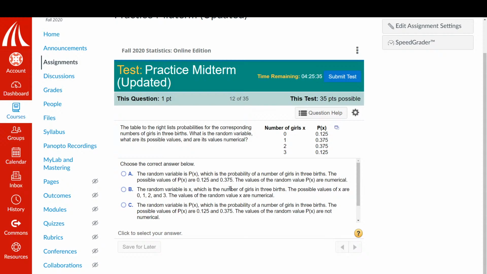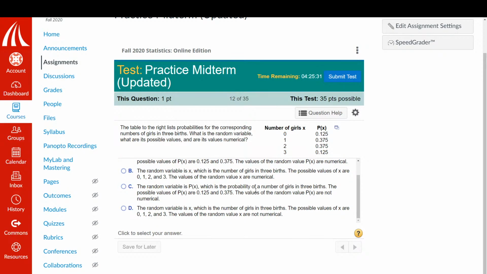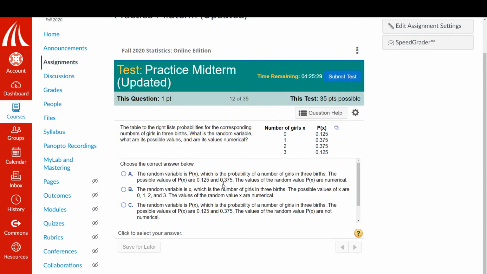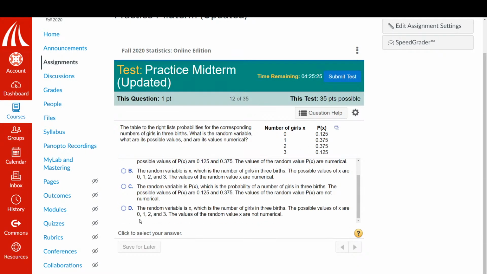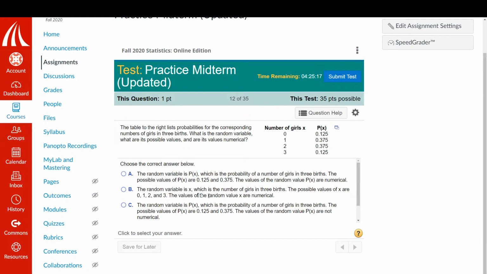Yeah, the values are numerical. I'm going to go with, we have to read all 3 of them. B looks pretty good. You guys with me on that one? B seems good.